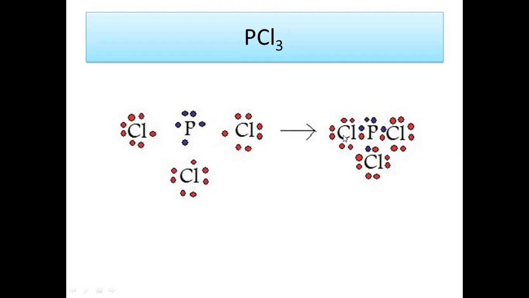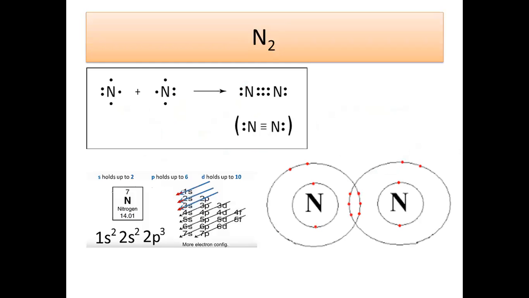And that's why all these three bonds are called covalent bonds. And these bonds should also be polar in nature because both atoms are different and they have a difference in electronegativity.